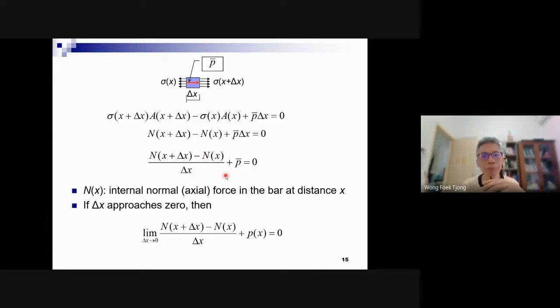This is normal force divided by delta x, becoming this one. Okay, and then let's take the limit as the length of the bar segment becomes very small. In mathematics, we take a limit like this. But what's this? It's nothing but the definition of the derivative of the normal force with respect to x.